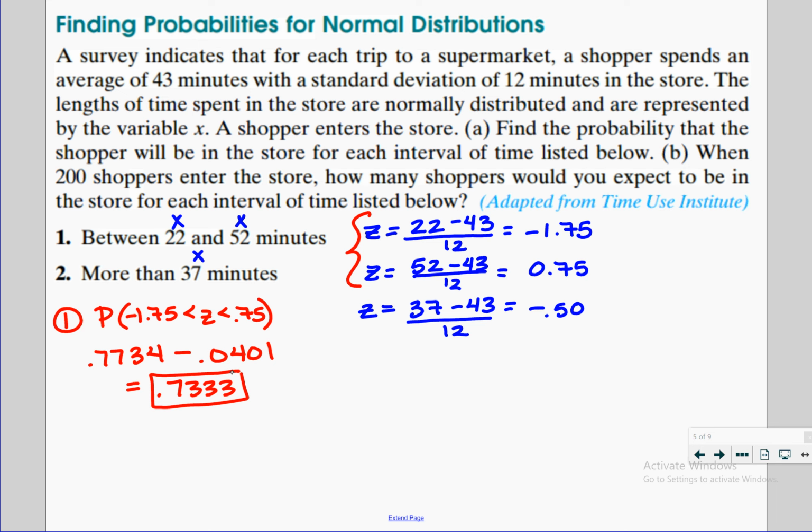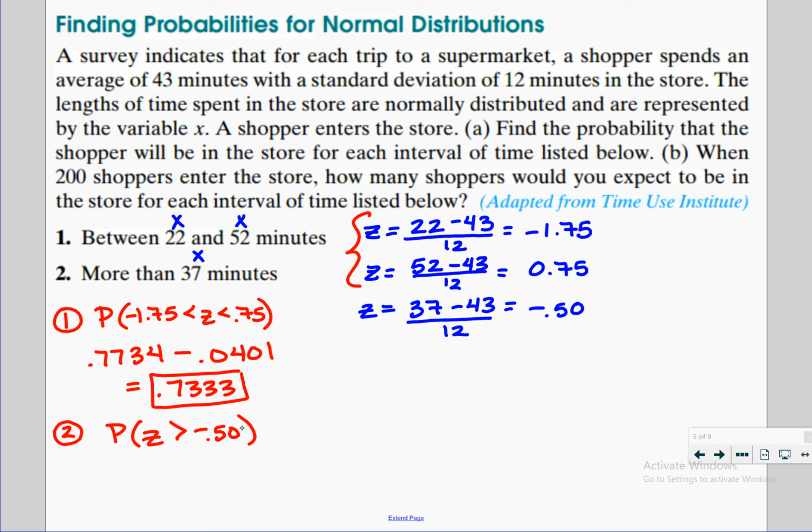Okay. For number 2, we are finding the probability that they are in there for more than 37 minutes, or when we convert that to a z-score, that the z-score is, because it's more than, greater than negative 0.5.